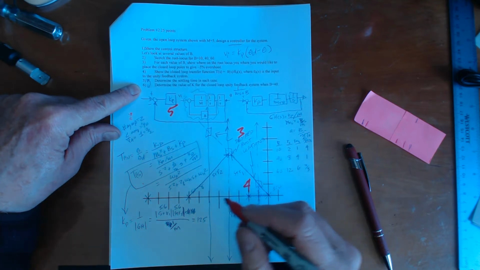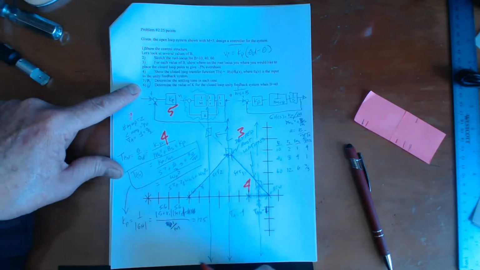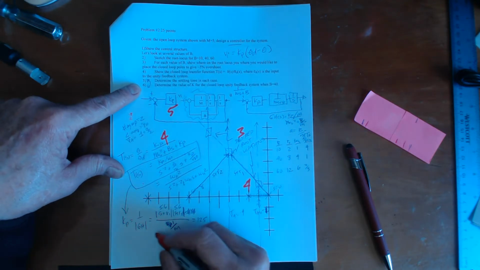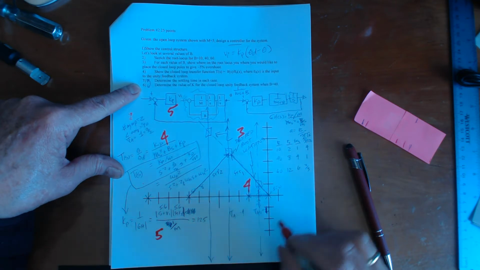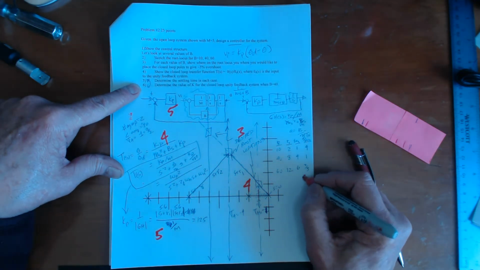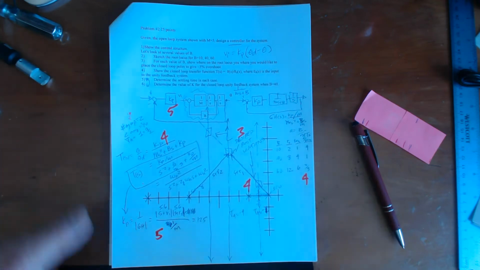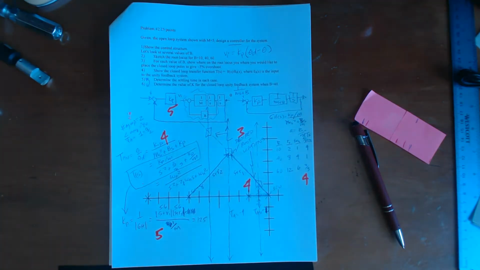And then I'm going to give you 4 points to find out what the transfer function is, 5 points for the proportional gain to find the gain value, so however much of this you got right, maybe you lost a point or two, something along those lines. And then I also give you another 4 points for telling me what the settling time in each case is.